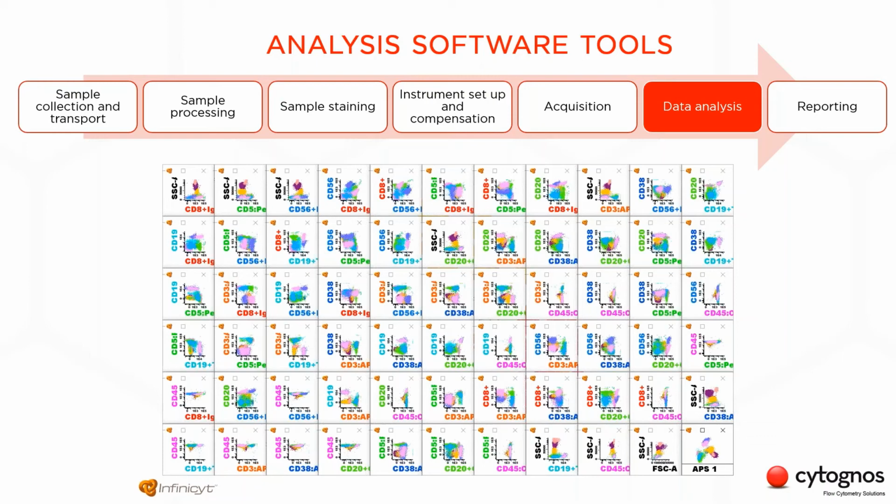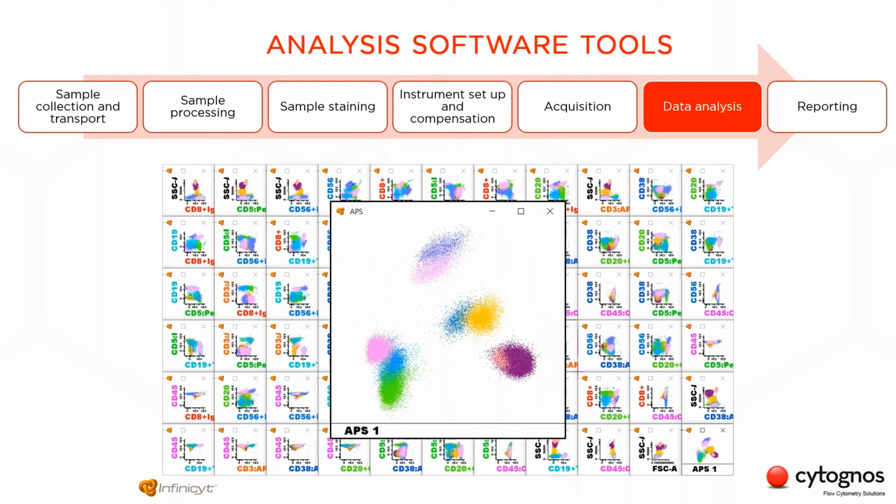And instead of looking at all these 2D plots, we can convert all of them into one multidimensional diagram that separates out populations using all the parameters in our panel. And this way, we can discriminate populations with a very similar phenotype that can go unnoticed if we just look at the 2D plots.